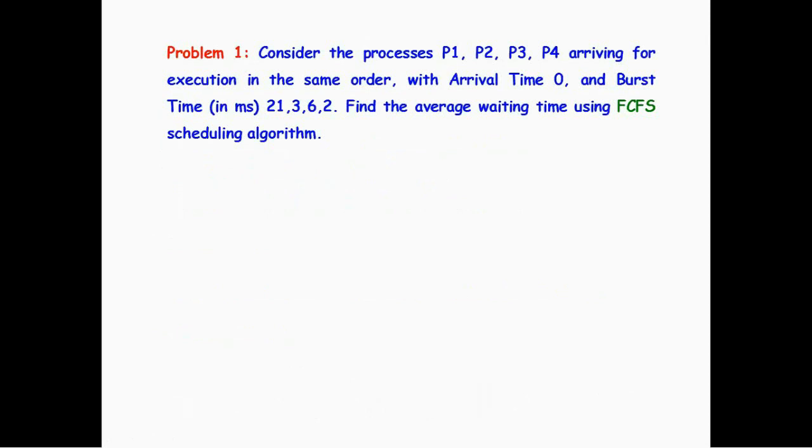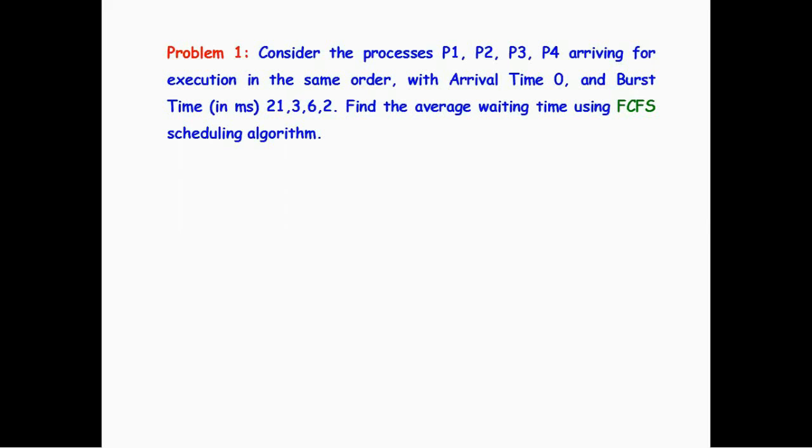Let us see how to solve a problem using the first come first serve scheduling algorithm. Here the problem is given as: consider the processes P1, P2, P3, P4 arriving for execution in the same order with arrival time 0 and burst time, given in milliseconds, 21, 3, 6 and 2. We need to find the average waiting time using first come first serve scheduling algorithm.